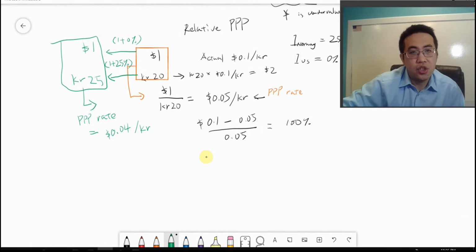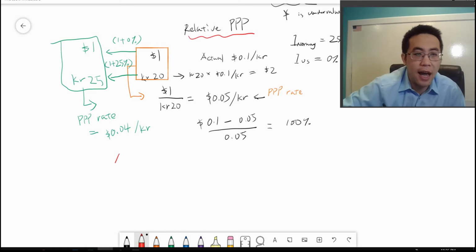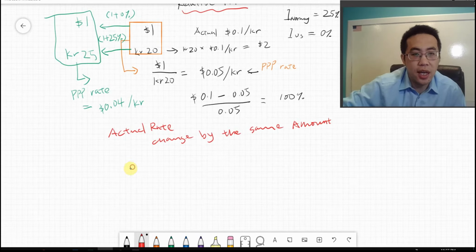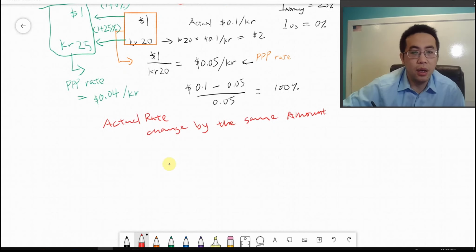And the exchange rate should adjust at the same level. So the actual exchange rate, under the relative form of PPP, would change by the same amount. So if that's the case, what should be the actual exchange rate? So let me just tell you this. You will use this formula as you practice. So the exchange rate in the next period, okay, let me use the spot rate in the next period.